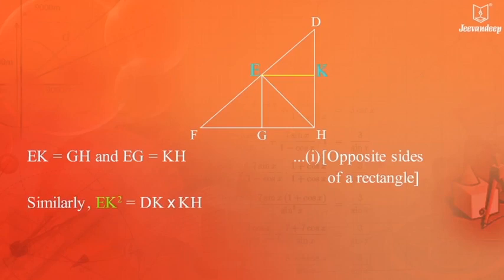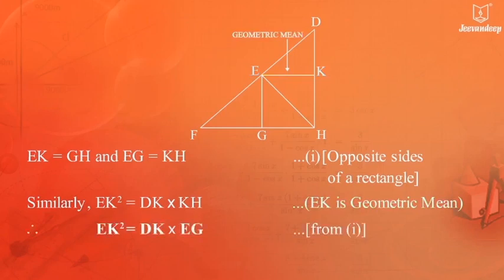Similarly, EK square equals DK multiplied by KH, EK is a geometric mean. Therefore, EK square equals DK multiplied by EG, as KH equals EG.